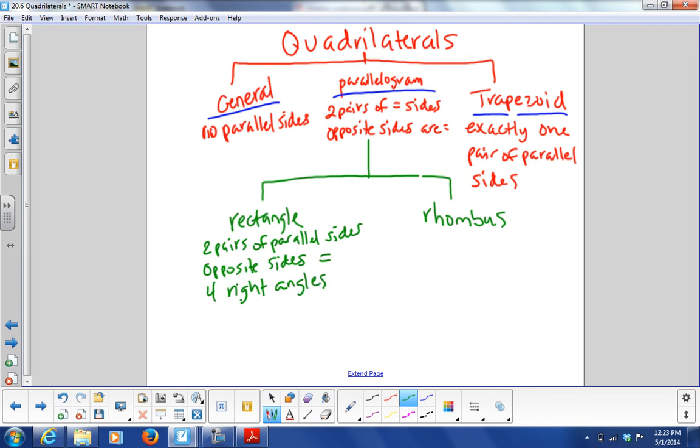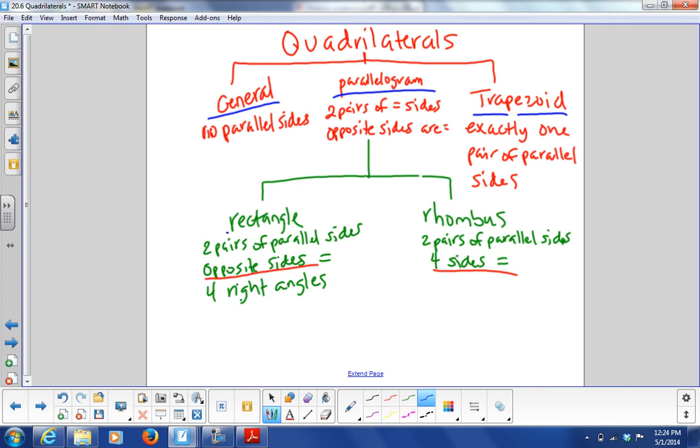My rhombus has two pairs of parallel sides, and all 4 sides are equal. So that's the difference between these two: in a rectangle opposite sides are equal, in a rhombus all 4 sides are equal.